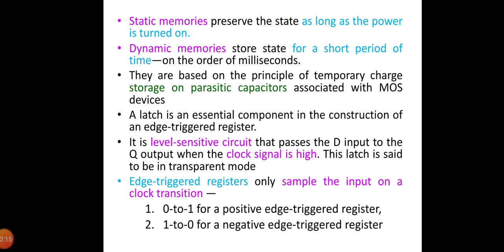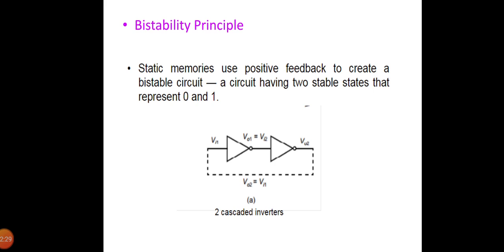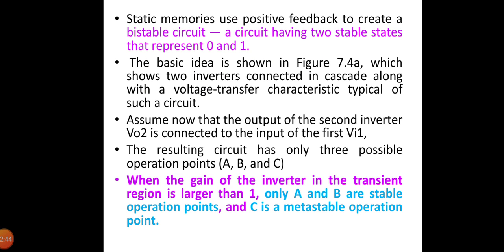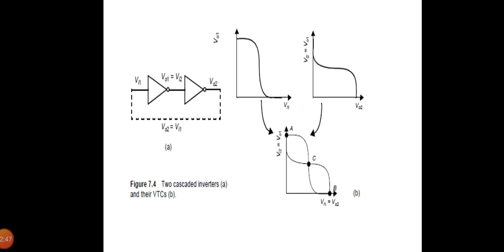Static memories use positive feedback to create a bistable circuit, that is, a circuit having two stable states that represent 0 and 1. Here you can see the basic inverters, that is two inverters connected in cascade, along with the voltage transfer characteristics of such a typical circuit.